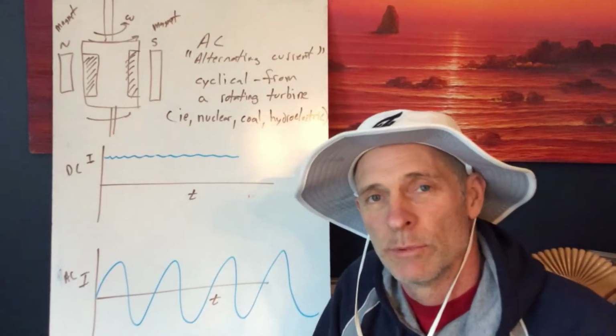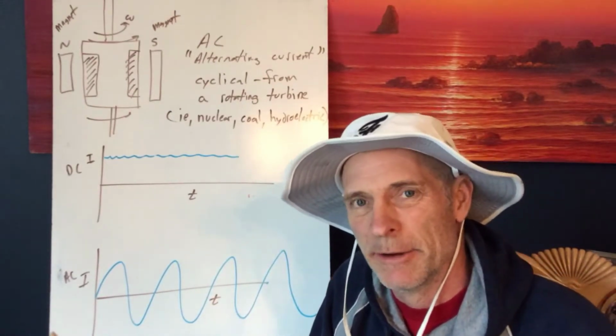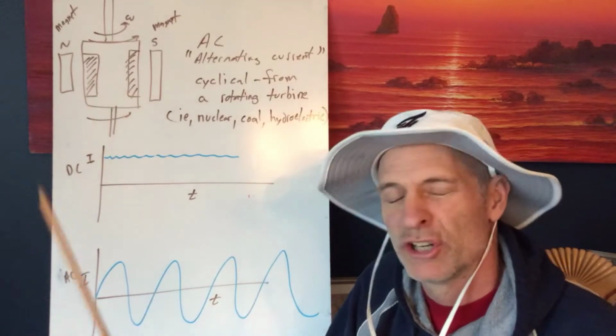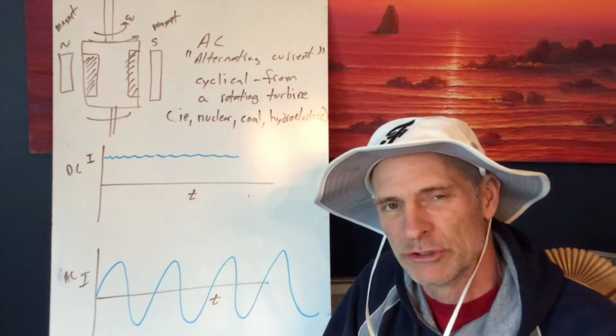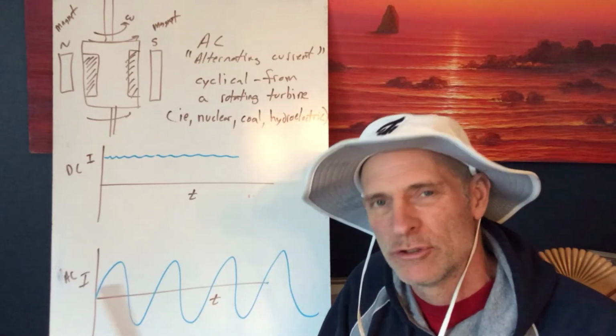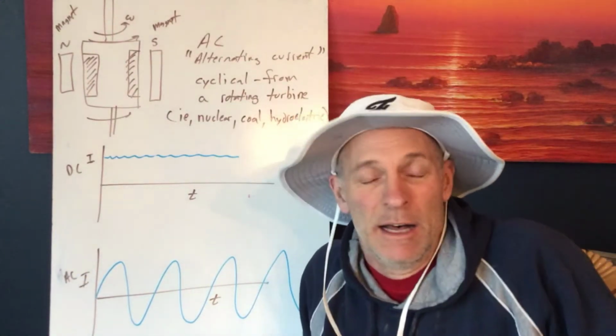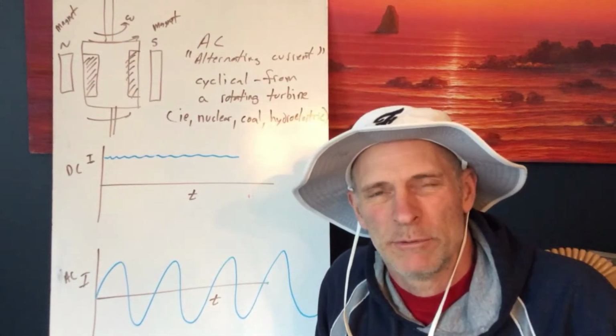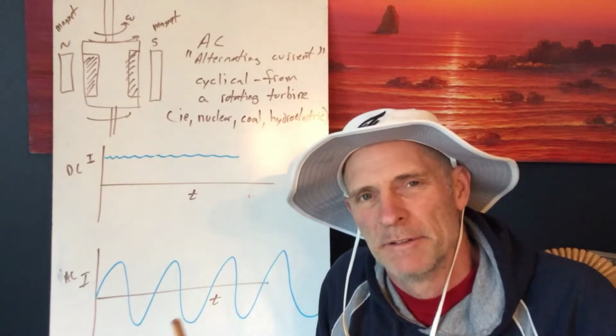Okay, guys, what I've got here is just a little diagram. A turbine is what's used to produce AC current. Now, that turbine could come from a hydroelectric plant, a nuclear plant, a coal-burning plant, whatever kind of power plant you have.